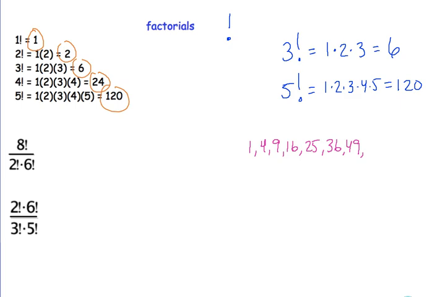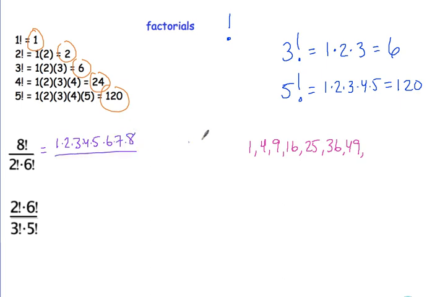All right, well, anyway, I could give you a problem like this and ask you to simplify it. Now, there's different ways to do it, but I just want to show you a relatively fast way that you probably wouldn't need a calculator for very much. So if I was going to write out 8 factorial, that would be 1, 2, 3, 4, 5, 6, 7, 8 all multiplied together.